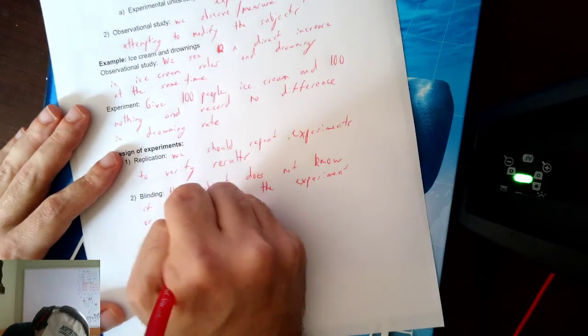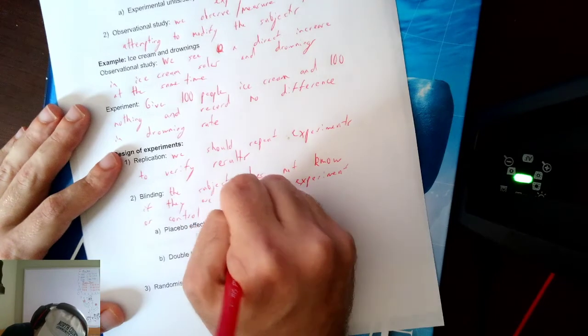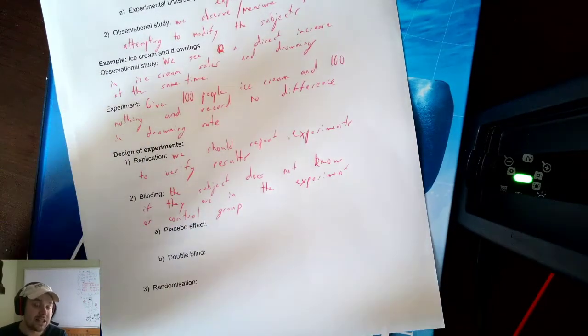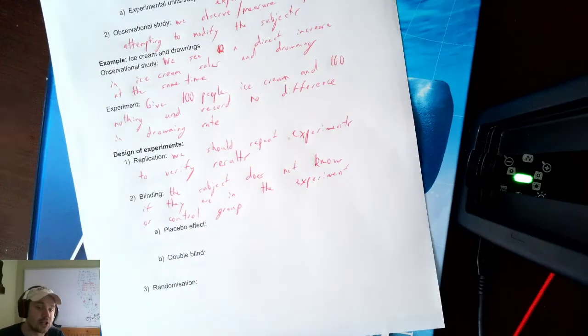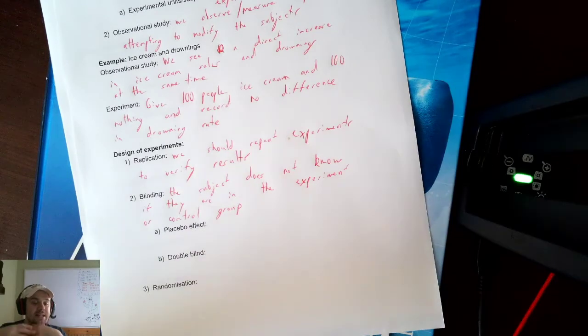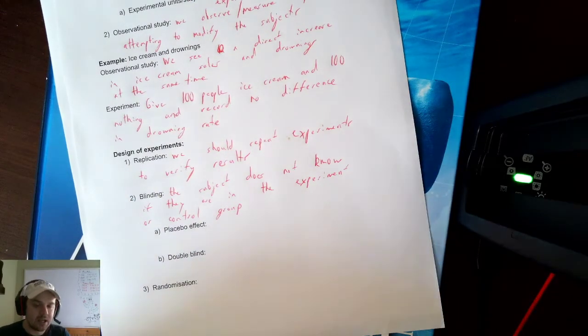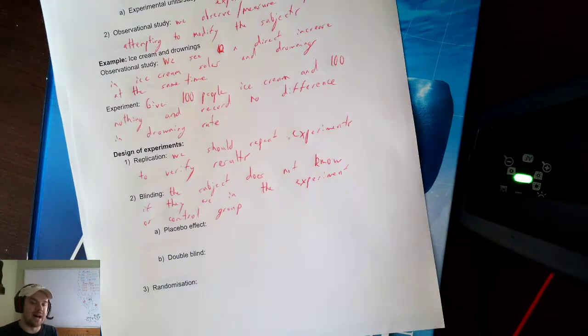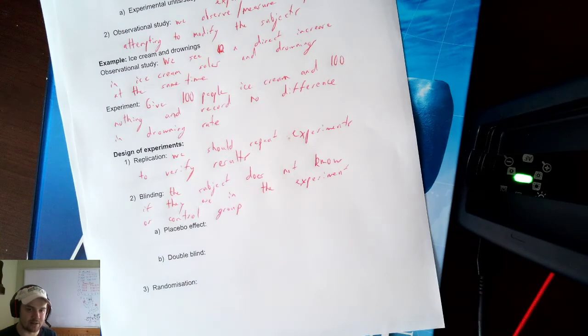What's a control group? Well, if you don't know what a control group is, think about it like in the ice cream example. The control would be the 100 people I did nothing to. That's a group to see the base effects without any experiment being done.